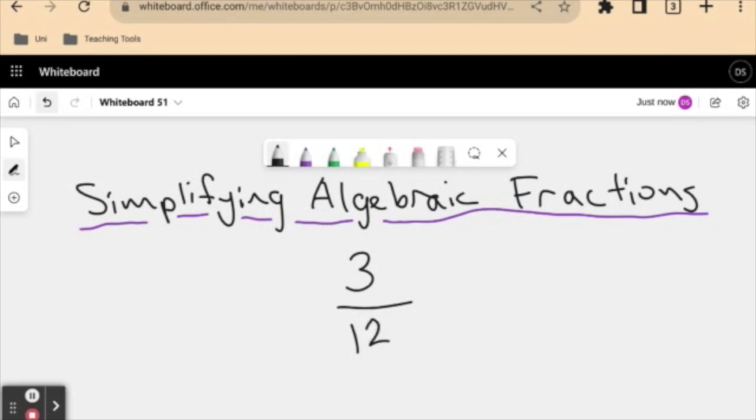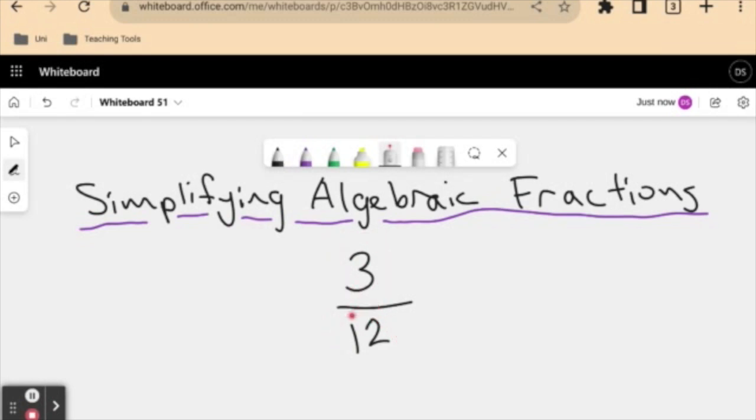I want you to simplify it. So what we did in our previous videos ages back, which you can look at in the playlist for year 7 fractions, we said, to simplify this and to find an equivalent fraction in its simplest form, we just took whatever common factors our numerator and our denominator had.